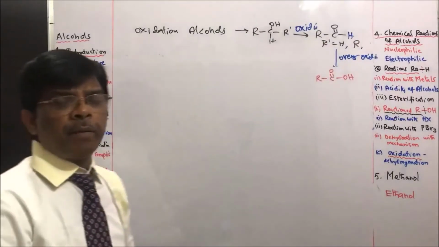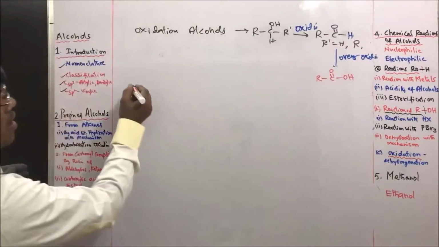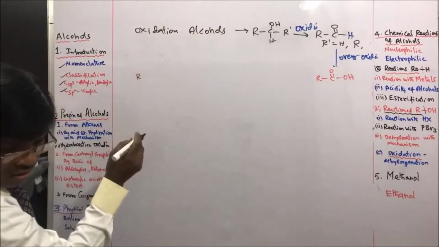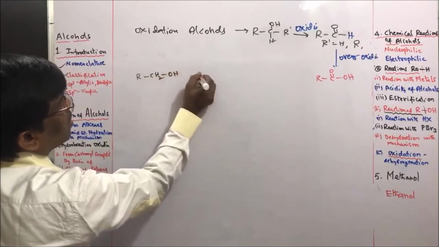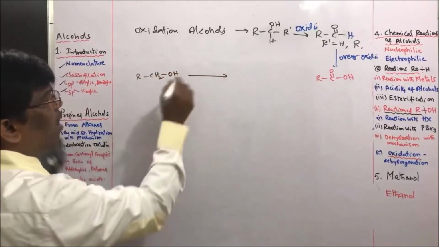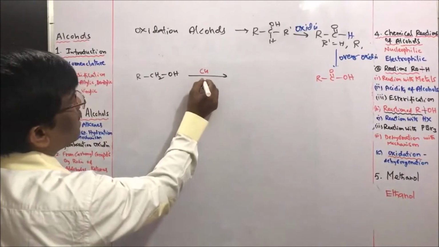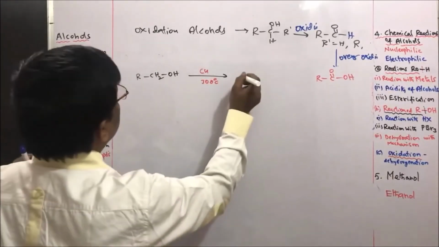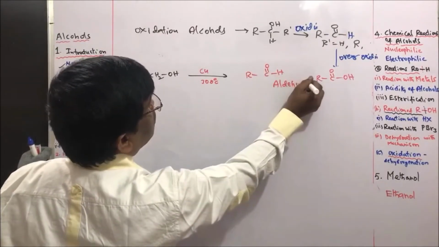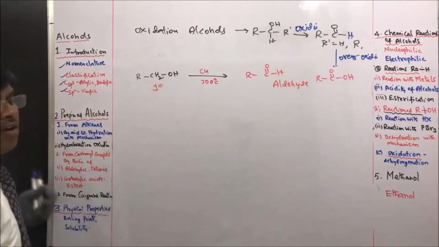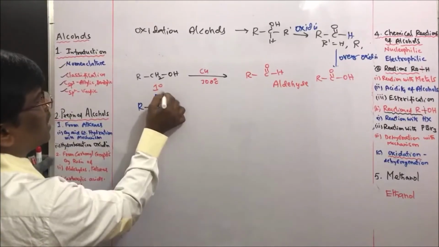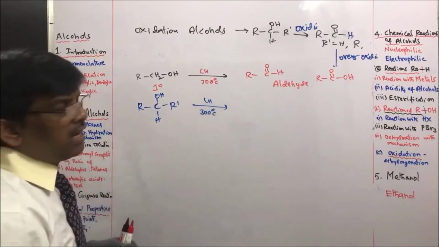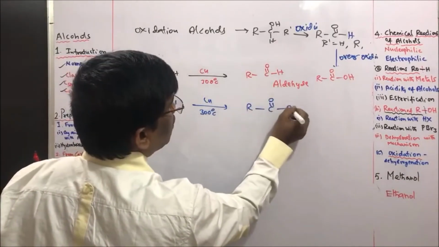Another way of carrying out this oxidation is passing alcohol vapors over copper. For example, RCH2OH over red hot copper at 300 degrees centigrade removes hydrogen to give an aldehyde. So primary alcohols give aldehydes. If I take a secondary alcohol in the presence of copper at 300 degrees centigrade, it gives ketones.